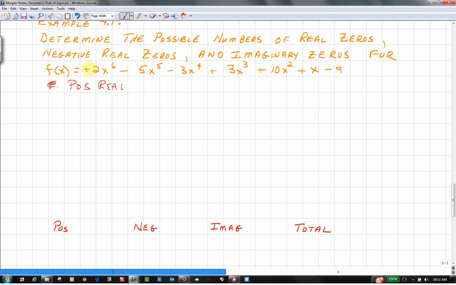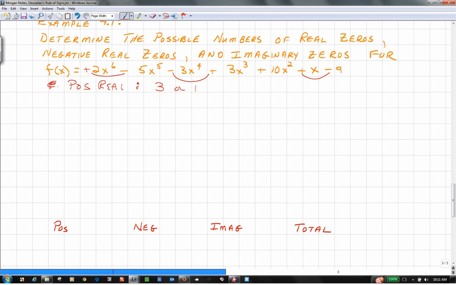Now, this is a plus out here, so there's one sign change. Negative to negative is no. This negative to this positive is a sign change. This positive to the positive here is not. Positive to positive is not. This positive to this negative is. So I have 3 sign changes, and the potential number of positive real roots is 3 or less than that by an even number. I could have 3 or 1.